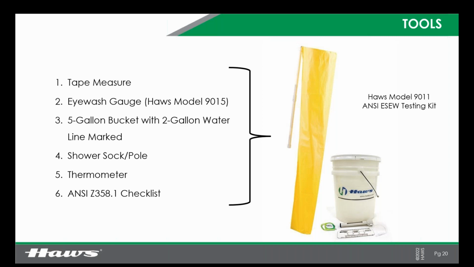You need a thermometer because we need a temperature check of the water. And then you need a checklist to ensure that we're meeting all of the requirements for the testing. This is our kit on the right here, the 9011 test kit. It comes with all those handy dandy little tools, but this is essentially what you're looking for to best equip your folks with the means to test their equipment.